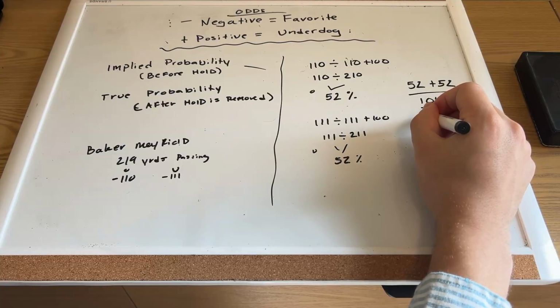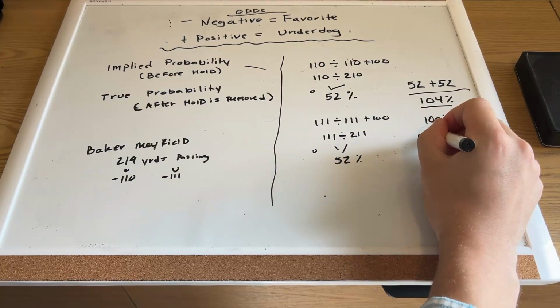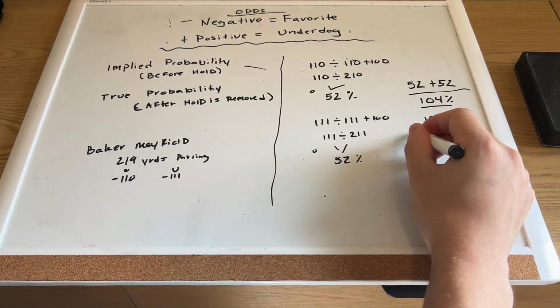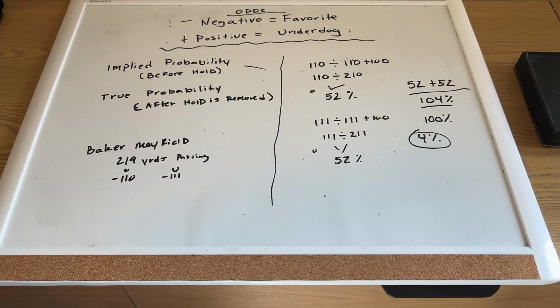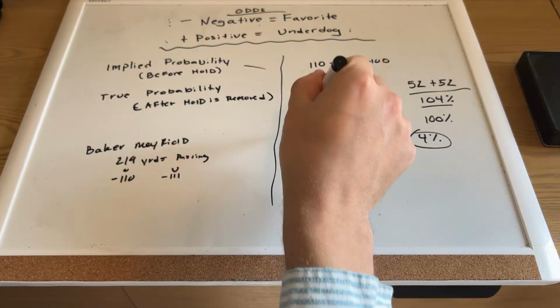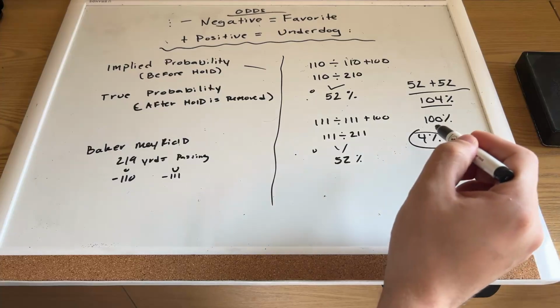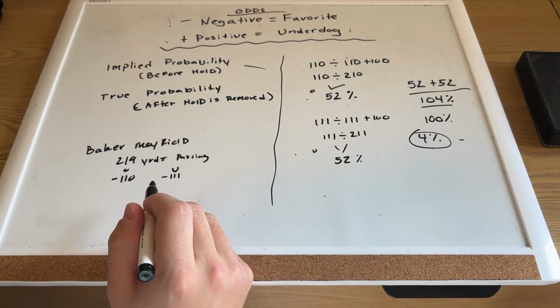So in this scenario, to get to 100%, there is a 4% hold on this line. So there is 4% that the sportsbooks are holding, win or loss, that they will profit from. So we've got the implied probability, 52% over, 52% under. To find the true probability, we need to remove this, and that way we're looking at a clean line.